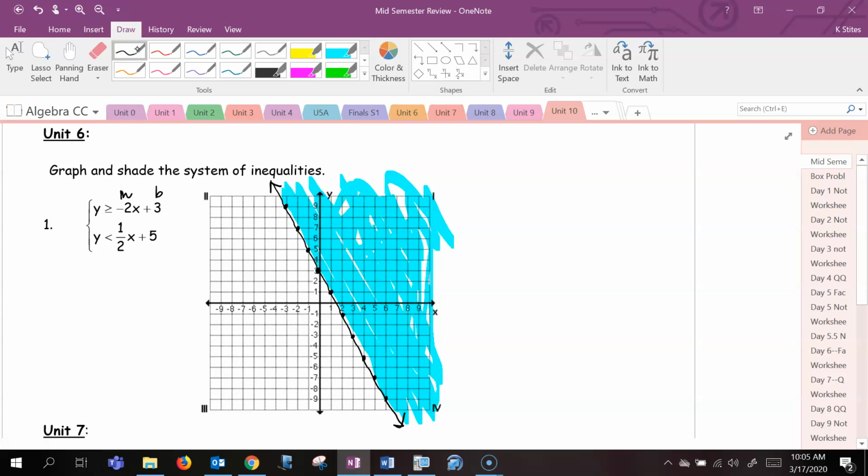All right, our next one, we have a y-intercept at (0, 5) and a slope of 1/2. So I will be going up 1 and right 2. And this will be a dotted line because we don't have the equal to.